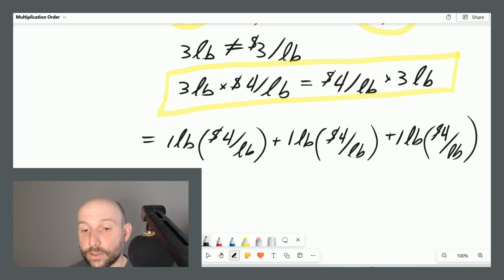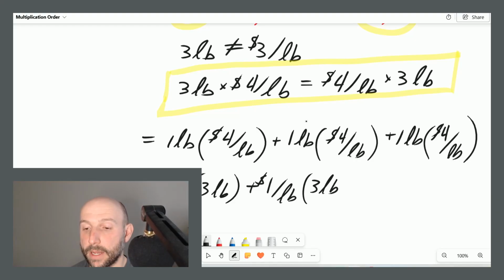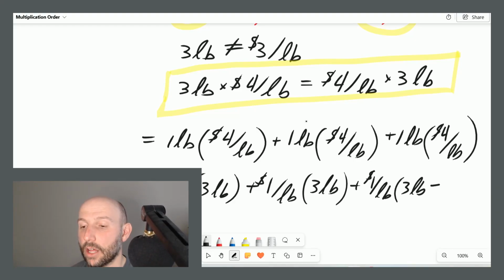But it could also be written as $1 per pound used to buy 3 pounds, and then another dollar per pound charged for those 3 pounds, and another dollar per pound charged to buy 3 pounds, and another final dollar per pound charged to buy 3 pounds.